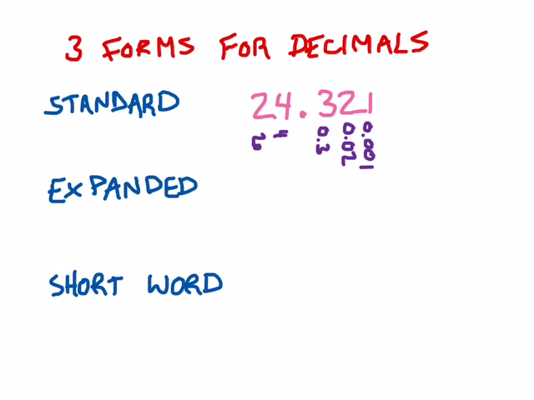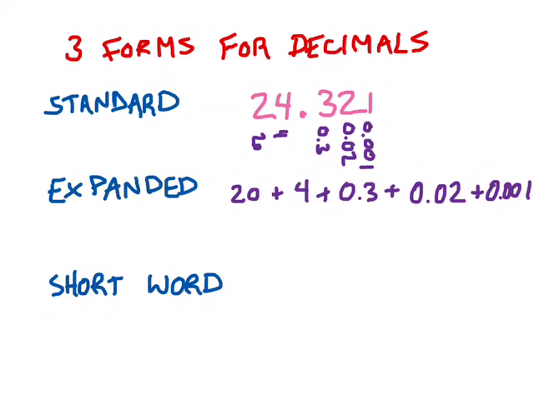To write a number in expanded form, we take all these different values and we just list them in a long string with addition in between. So the expanded form of this number, 24 and 321 thousandths, is 20 plus 4 plus 3/10 plus 2/100 plus 1/1,000.